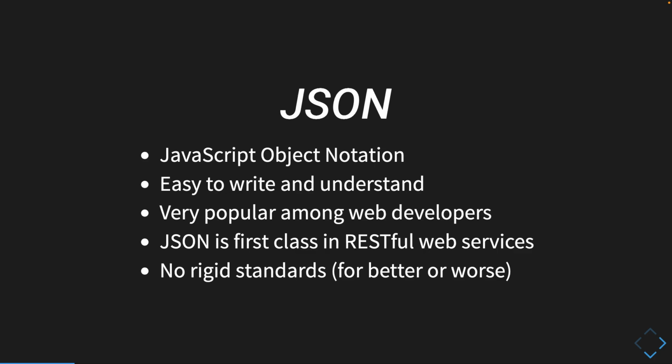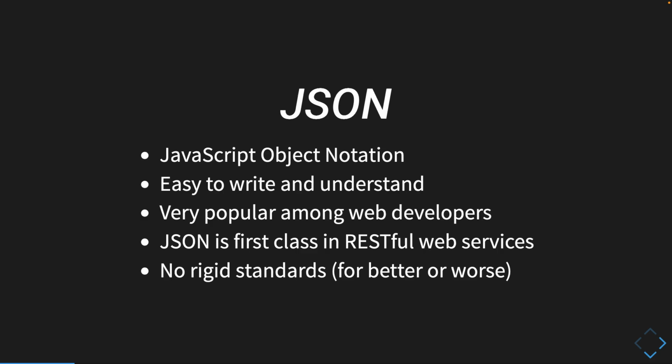It's widely supported in programming languages, and it's very close to data types within programming languages. So a JSON document is very close to a Python dictionary if you're a Python programmer, or to JavaScript dictionaries, hashes, or maps, for that matter.